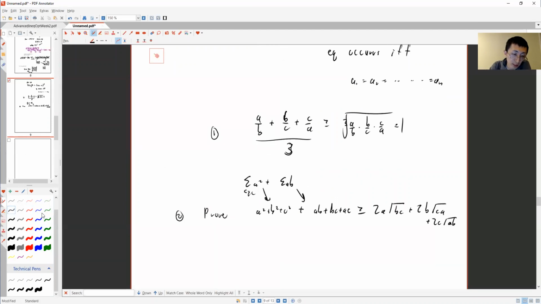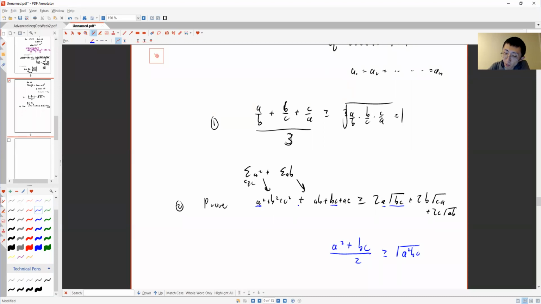Yeah, right. So we can't apply AM-GM directly to all 6 terms. What we can do is think, where might we see a BC term? Well, we see a BC term when we square root this term. And there's an A term, and we have an A squared term. So if we pair this term with this term, then by AM-GM, this is greater than or equal to A squared BC. And that proves that the 2 blue terms on the left are bigger than the blue term on the right.